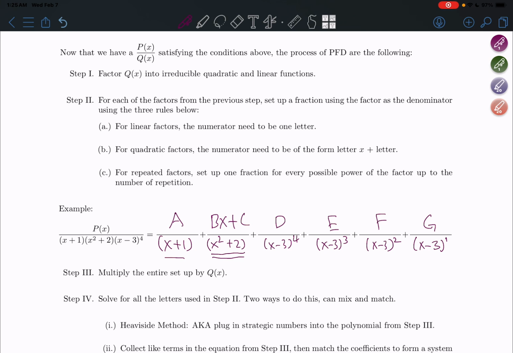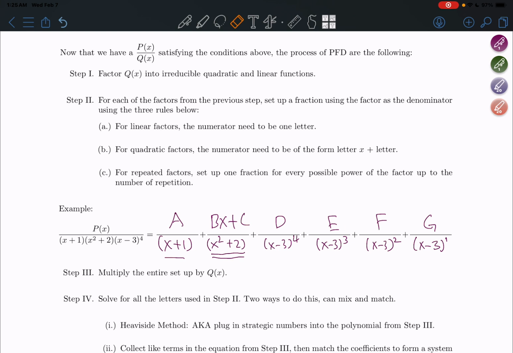If you considered the repetition, then the first one is degree 4, second degree 3, third degree 2, fourth degree 1, but we don't. We just look at the term that's being repeated, and that term is x minus 3, a linear term. So according to rule A, one letter.